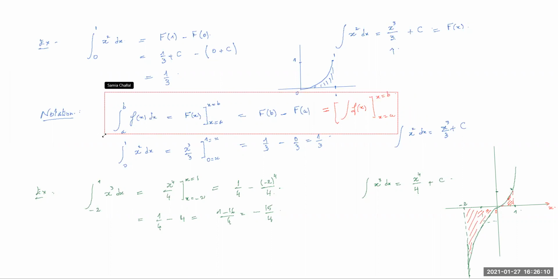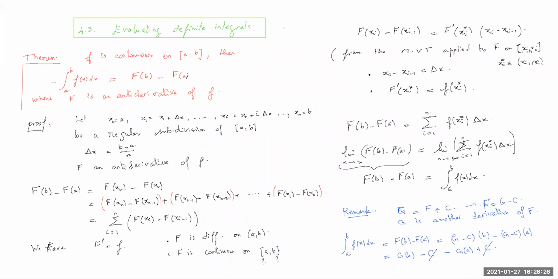Okay, so there are many things you need to know. For this chapter, this is what you need to know: notation, and how to evaluate area or definite integral using an antiderivative of the function you are integrating.